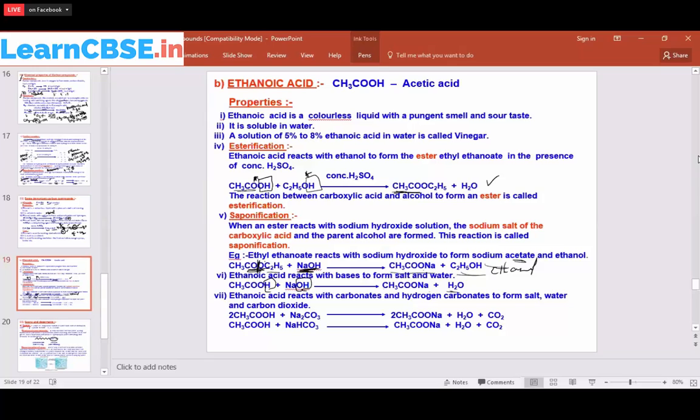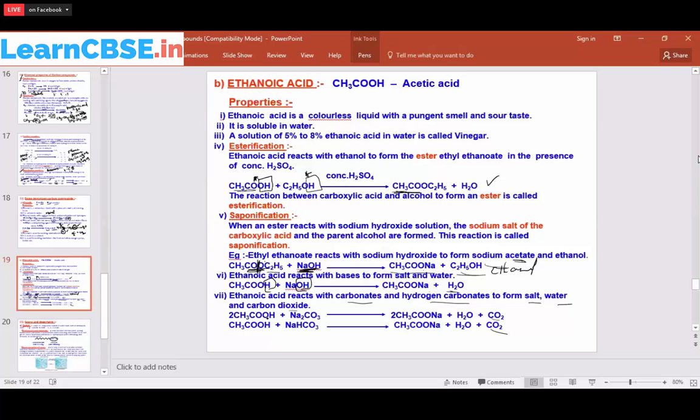The next reaction is ethanoic acid reacting with carbonates and hydrogen carbonates to form the salt, water and carbon dioxide. Whenever we treat with carbonates, immediately we get carbon dioxide as one of the products, whether it is a carbonate or hydrogen carbonate.